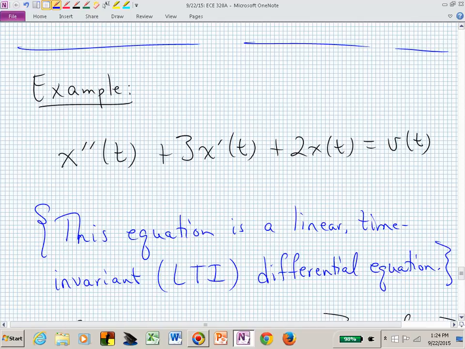We're trying to find it by first starting with our differential equation, transforming that into the frequency domain, doing some algebra. Didn't that look like algebra?